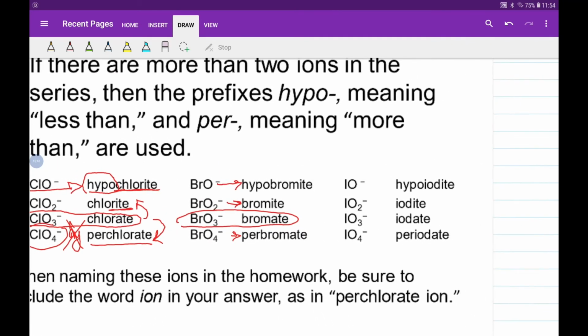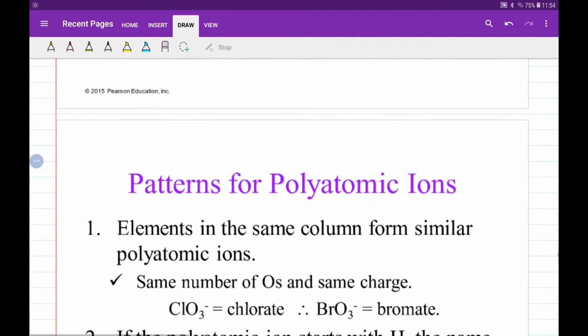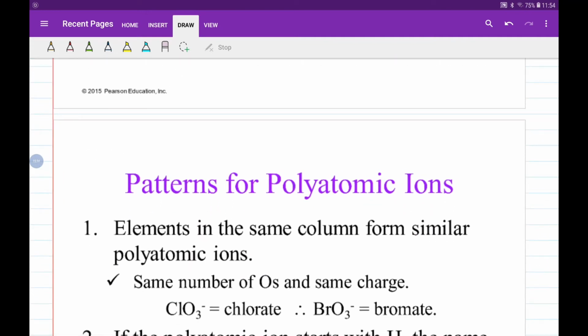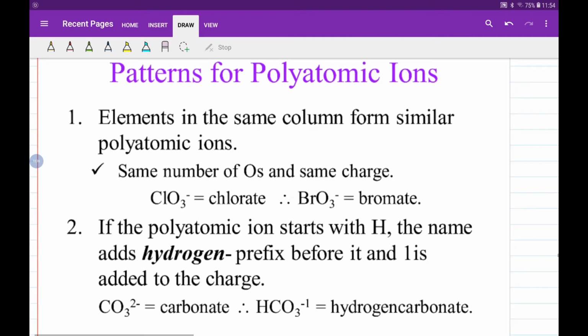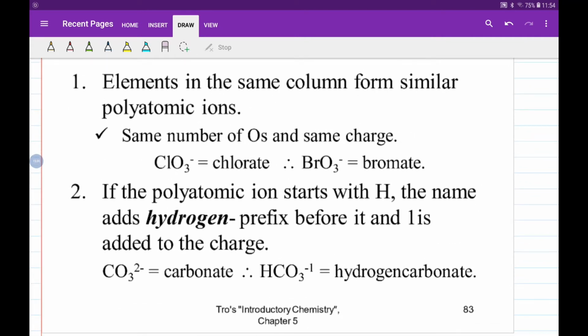I hope this makes it clear. Other patterns. Anytime we add a hydrogen, we're going to think of the hydrogen as H plus.